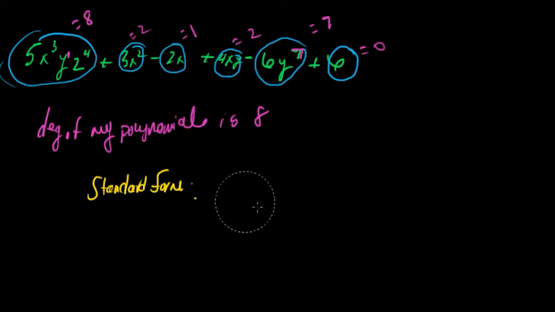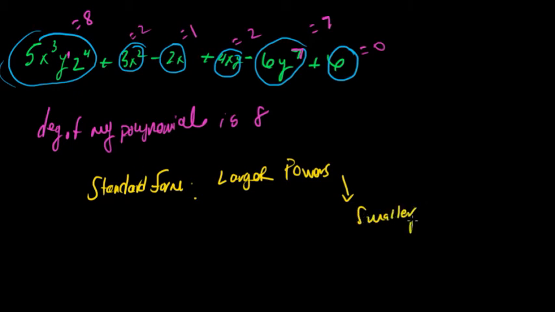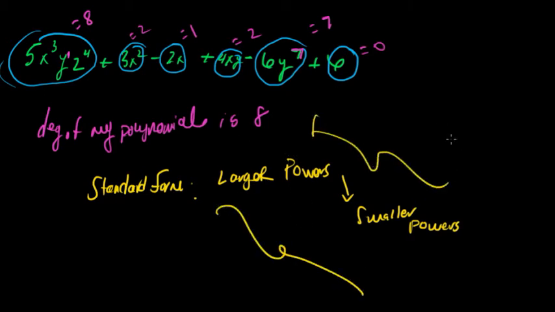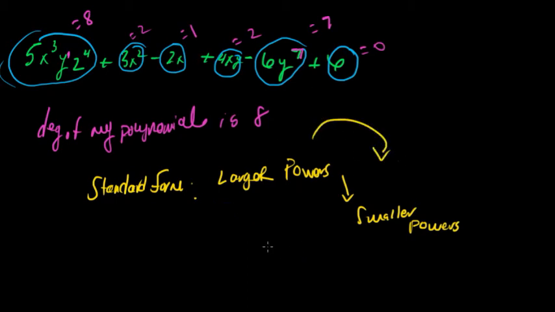Now, let's not say that. Okay, here we go. From larger powers, let's use this terminology. From larger powers to smaller powers. Okay, it's in any form from larger powers to smaller powers here.